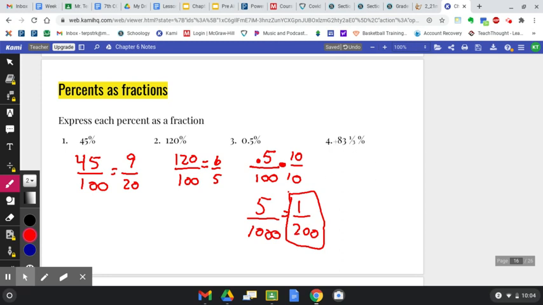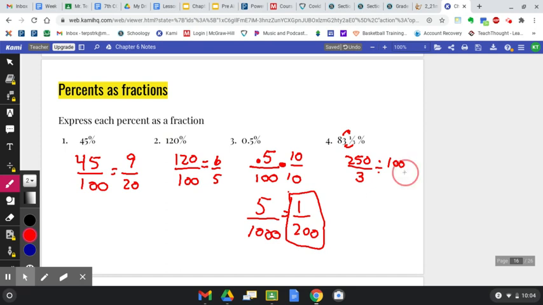Now, 83 1/3%. The first thing I want to do is turn this into a top-heavy fraction. If I did 83 times 3, that would give me 249, plus 1 would be 250 over 3. So I did 3 times 83 plus 1, so it'll be 250 over 3. And then we're going to divide that by 100.